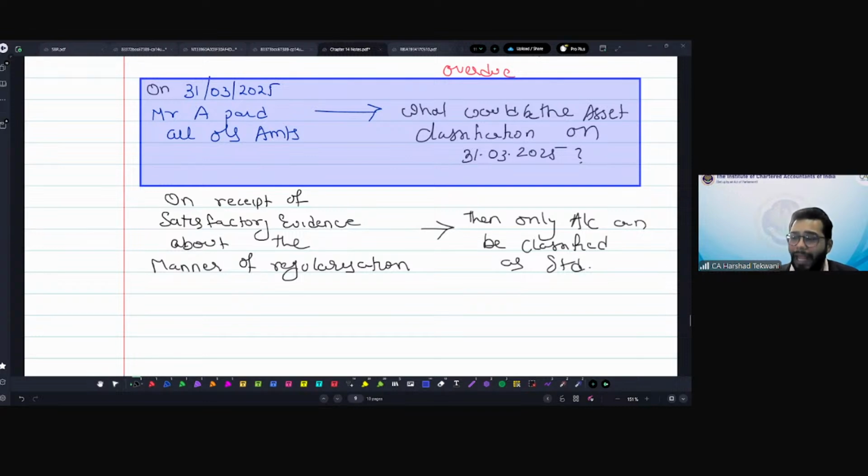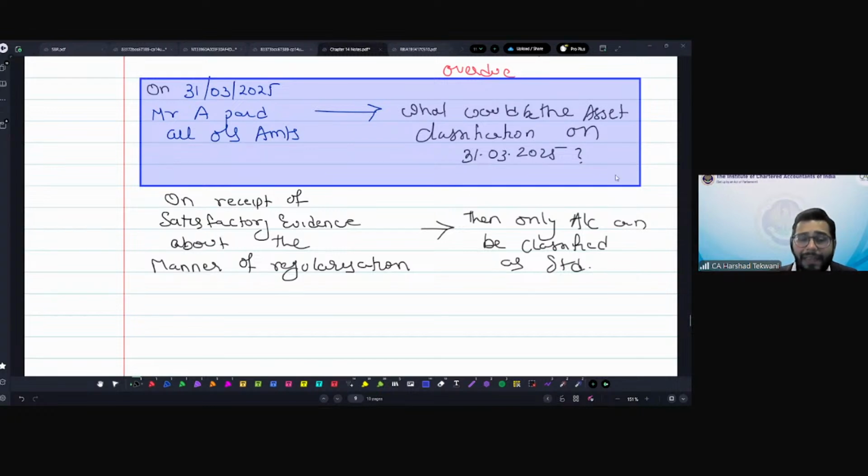For example, this person is already defaulting in other banks, but is regularizing in this bank. So there is evidence available. There is data available which shows that the person might not be able to continue to be a regular paying person or customer.